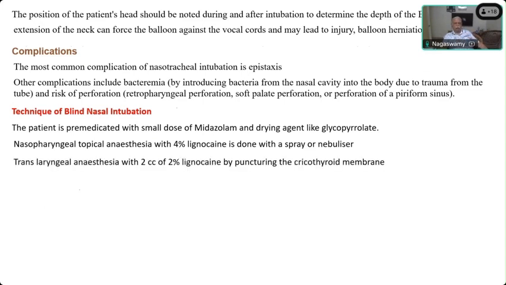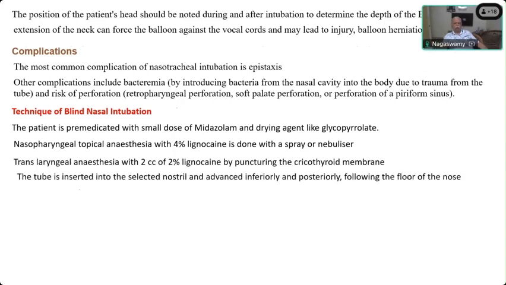Then you can do translaryngeal anesthesia with 2 cc of 2% lignocaine, which you spray into the trachea by puncturing the cricothyroid membrane. Then the tube is inserted into the selected nostril, which you have examined and found out earlier, and advanced inferiorly and posteriorly following the floor of the nose that is formed by the hard palate.